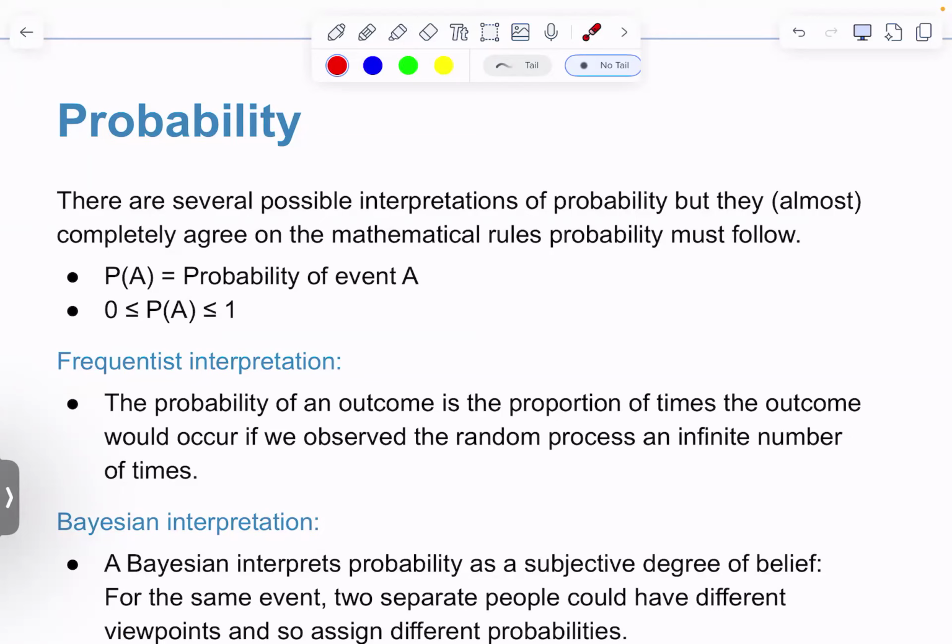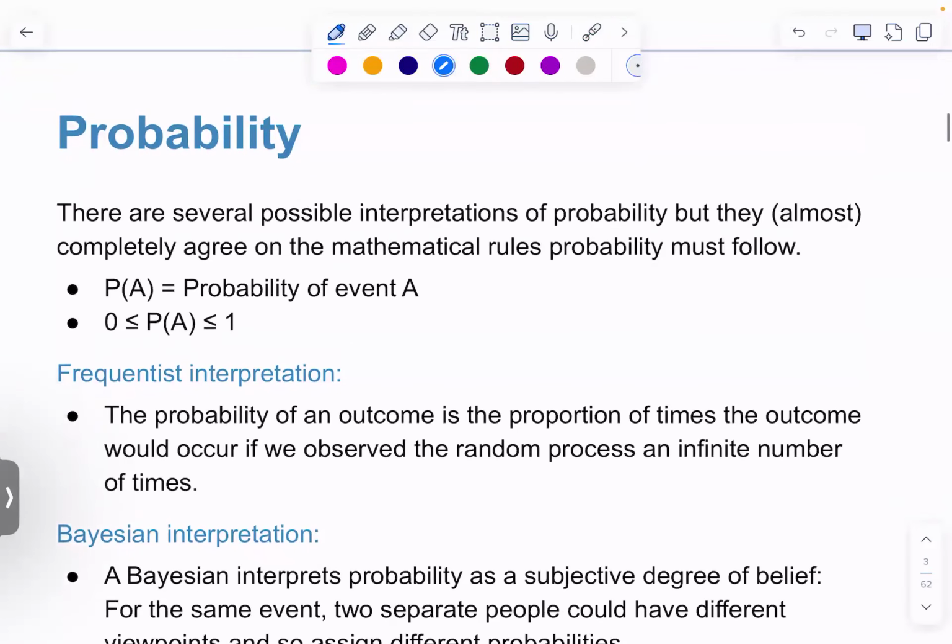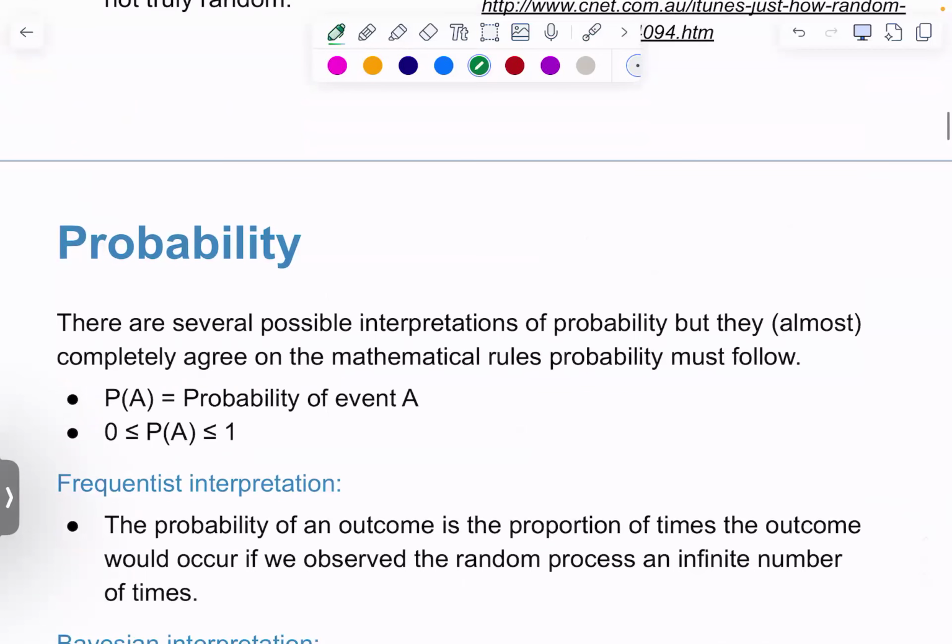Some probability rules. Well, the first one we already talked about: probabilities must be between 0 and 1. How we write that in shorthand is like this.